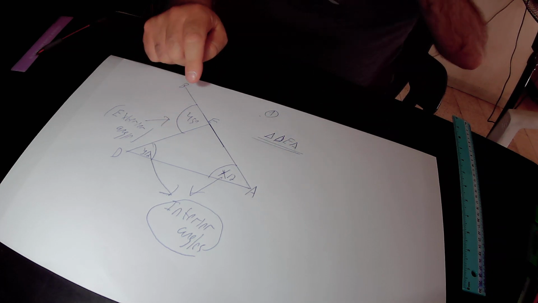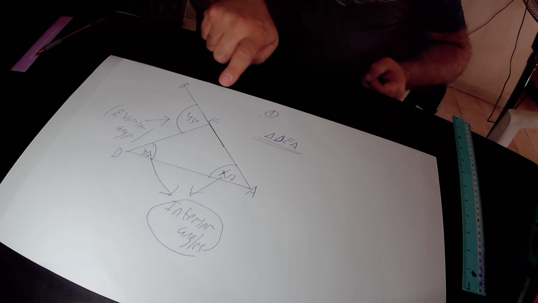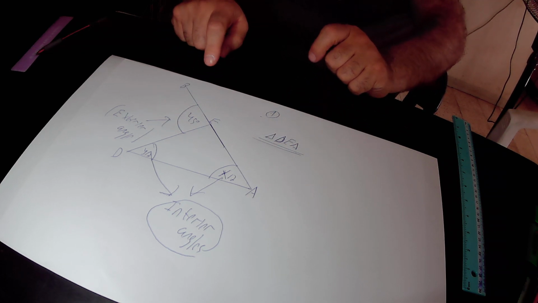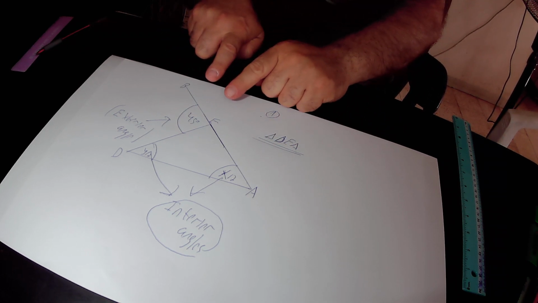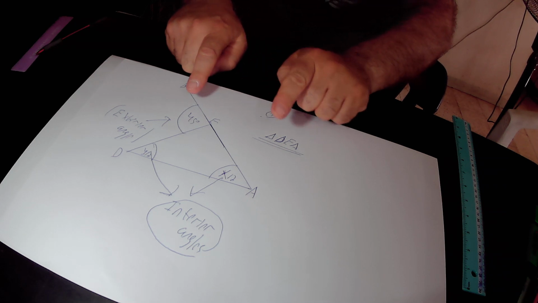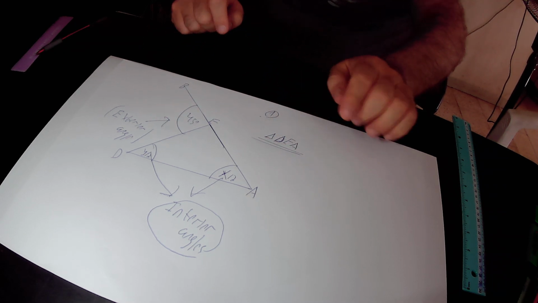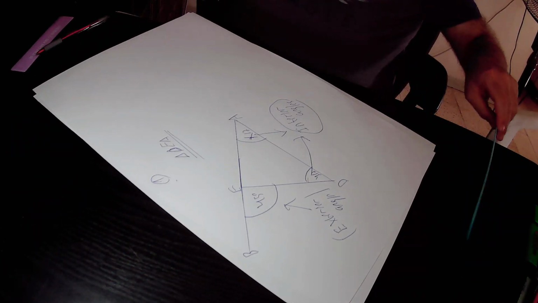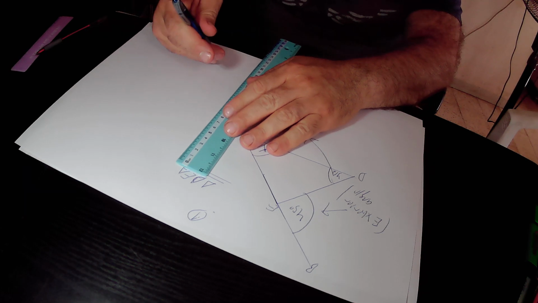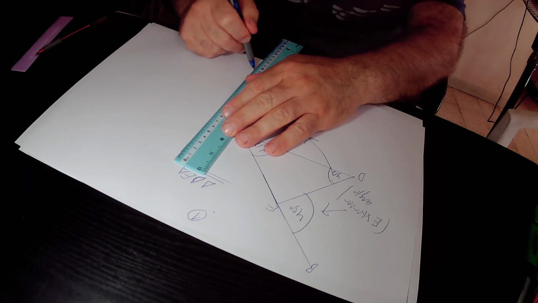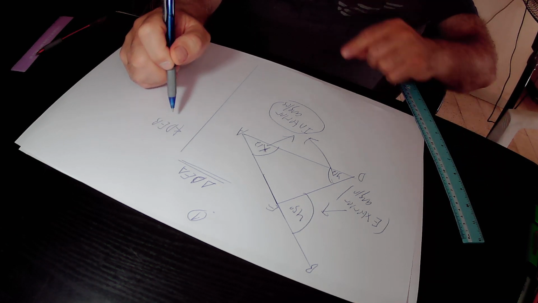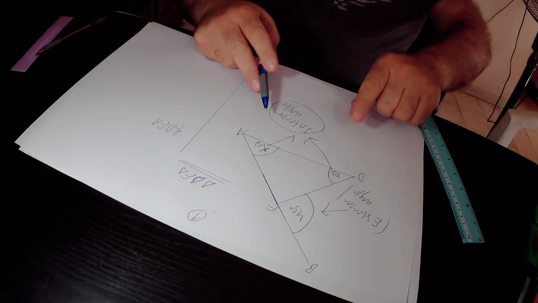And therefore, according to rule 4, the size of the exterior angle BED equals x over 2 plus y over 2. So I write it down. According to rule 4, the size of the external angle DEB is equal to the sum of the two angles that are not adjacent to it.